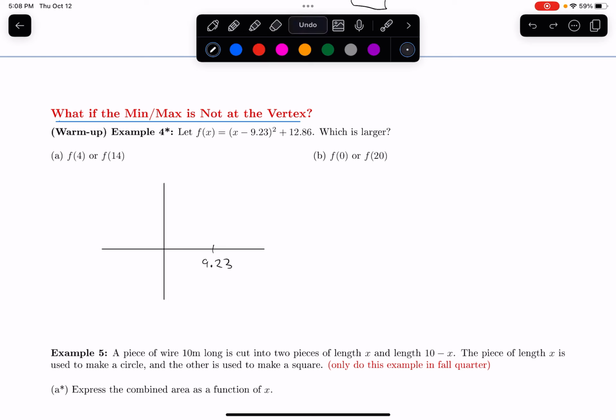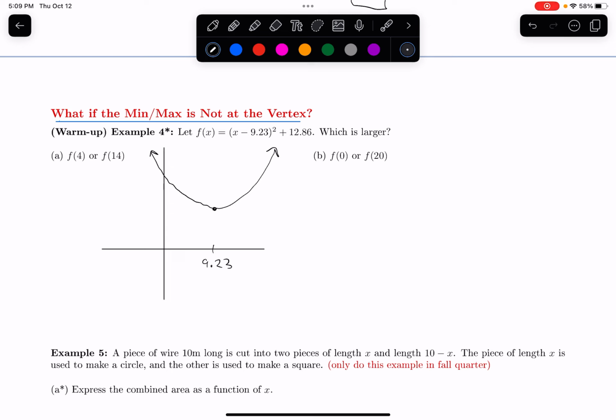So the y value is 12.86. I see that there's technically a 1 here, so the leading coefficient is positive. So we have an upward-facing parabola, something like this, then the mirror image on this side.